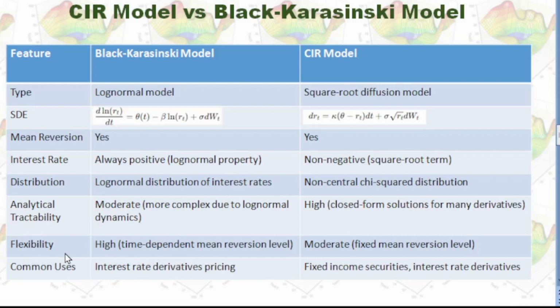For the flexibility, Black-Karasinski model is high because it has this time-dependent mean reversion level. But the CIR model has this fixed mean reversion level. Usually, we use Black-Karasinski model for interest rate derivatives pricing, and we use CIR model for fixed income securities and interest rate derivatives.